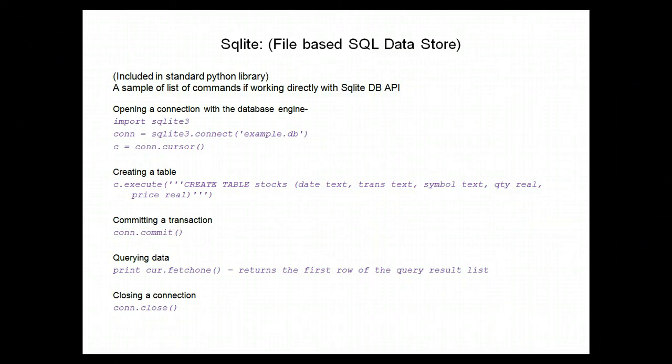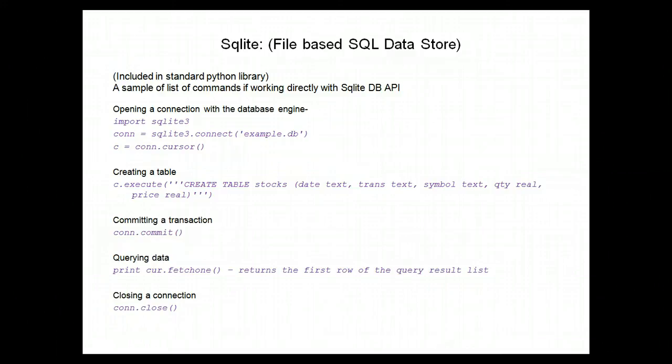So SQLite is basically a file-based SQL data store. It is included in the standard Python library. If you are using SQLite with the DB API and you have a Python application, you can access it in this way. First you need to open a connection with the database engine.